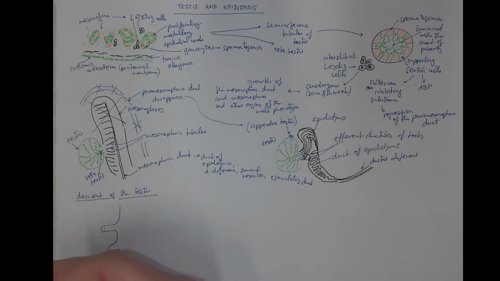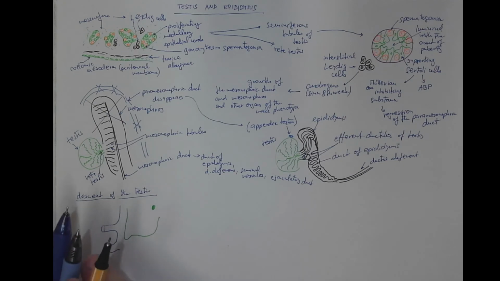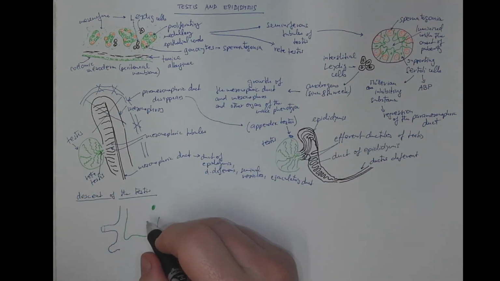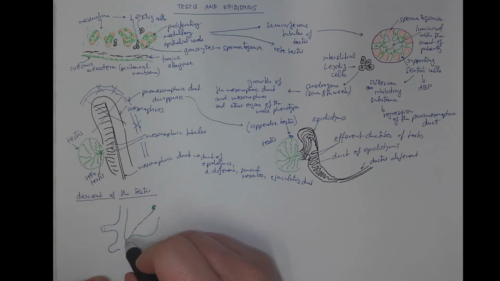Here would be the abdominal cavity. And somewhere here, up, there will be the embryonic testis, which is connected to the dorsal body wall by a structure called the genital ligament. And that continues as a connective tissue stripe called the gubernaculum of testis.